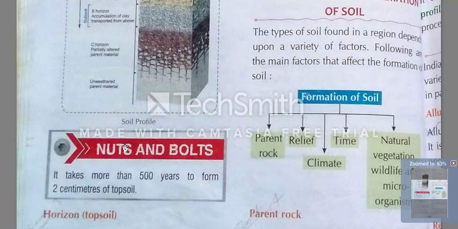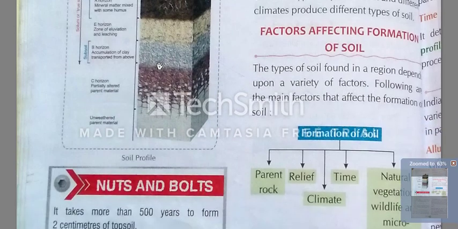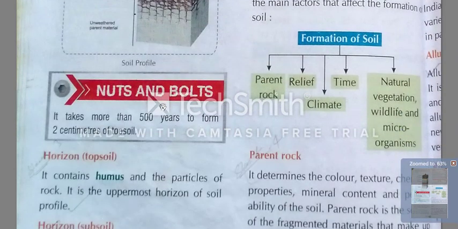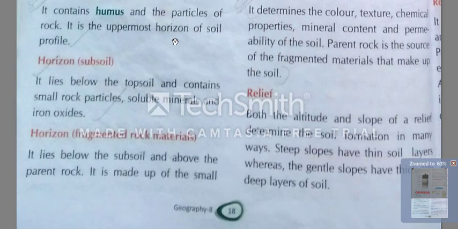We will see in the figure. This is topsoil and this is subsoil. We can find it below the topsoil. It contains rock particles and also soluble minerals and iron oxide.